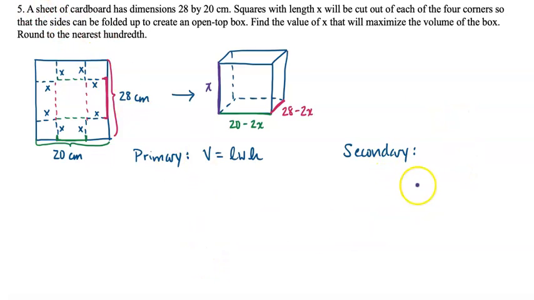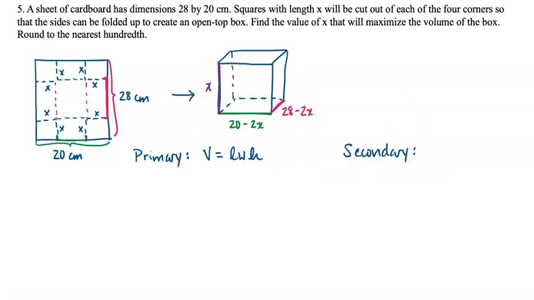And so this is going to form our secondary equations in this case. And this is why we say that in that last step of your instructions, secondary equations are not always necessary. Well, in this case, I'm just going to rewrite this primary equation in terms of x.